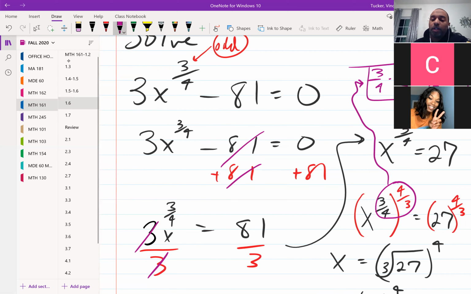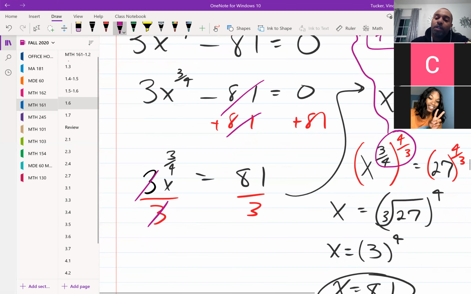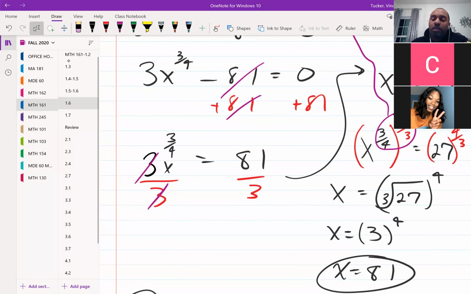So we have x on the left, and then on the right, we have 27 raised to the 4/3 power. So that means, don't forget, our denominator is the root, numerator is the power. So take the cube root of 27, which is 3, 3 to the 4th power is 81. And that'll be our solution.